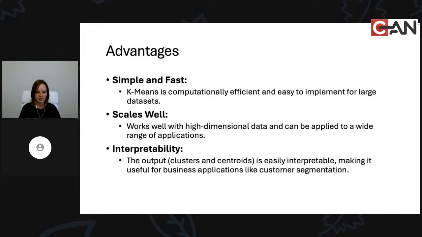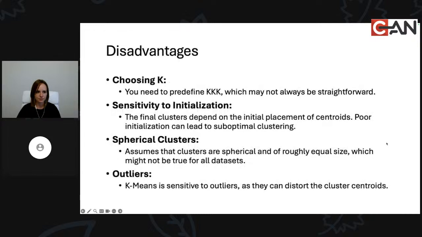Calculating the distance from one point to another is something that computers do very, very well. It's easy to interpret and very easy to explain to stakeholders, and it scales well to higher dimensional data. If we add 3 features or 10,000 features, computationally, it scales fairly well.